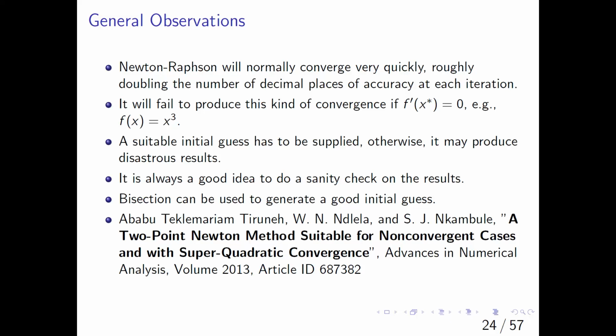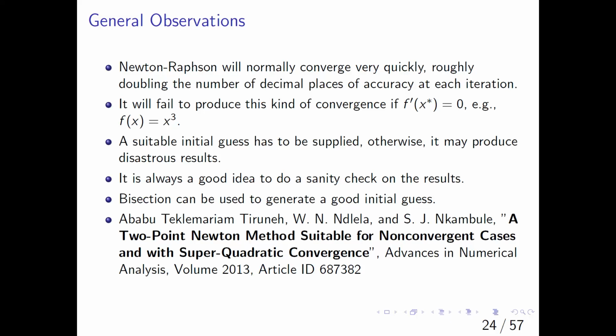So now let's look at some general observations regarding Newton method. Newton method will normally converge very quickly, roughly doubling the number of decimal places of accuracy at each iteration. For example, if the current approximation has, let's say, 3 digits of accuracy, meaning it's accurate up to 3 digits, the next step normally goes to 6 digits.